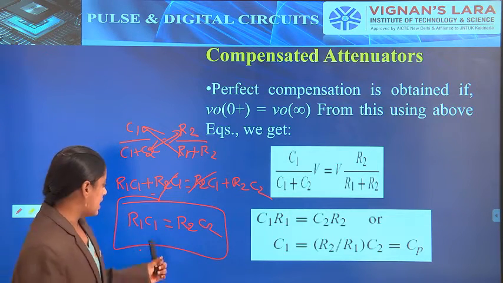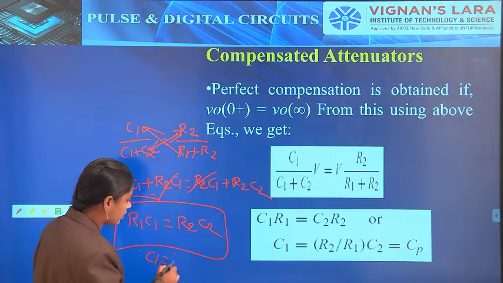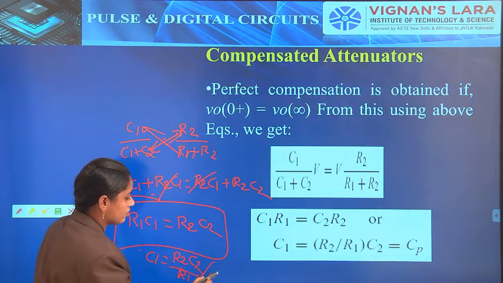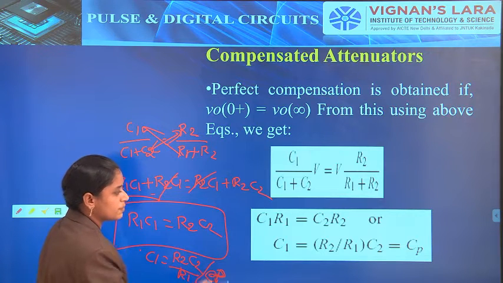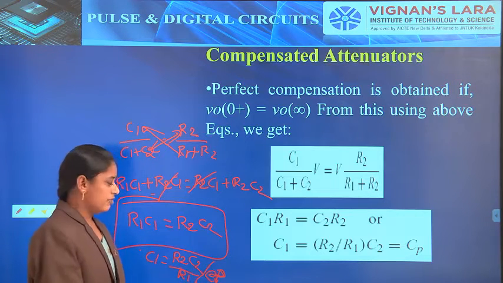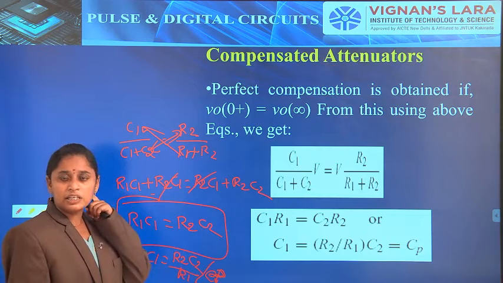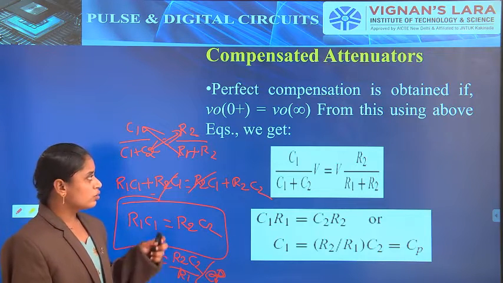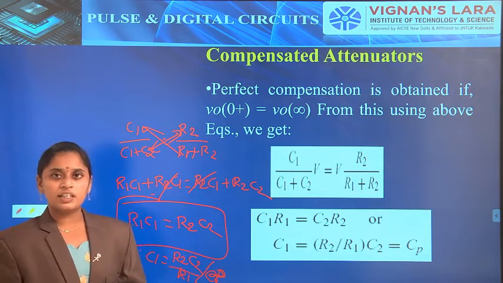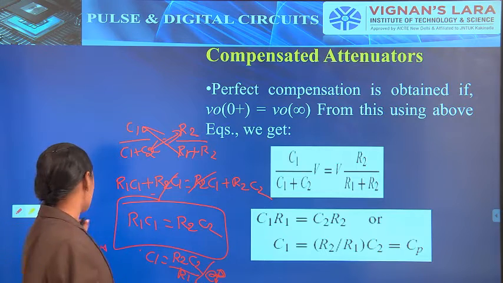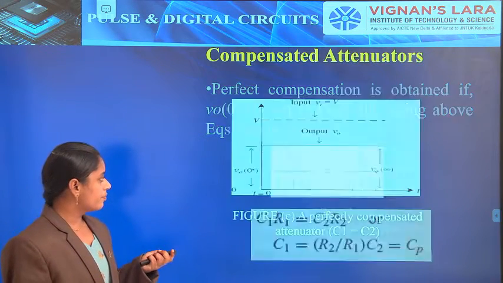So simply C1 is equal to R2 C2 by R1, that is Cp. This is known as the Cp, the C1 condition. By this C1 condition we check the compensated attenuator and the different outputs we generate.